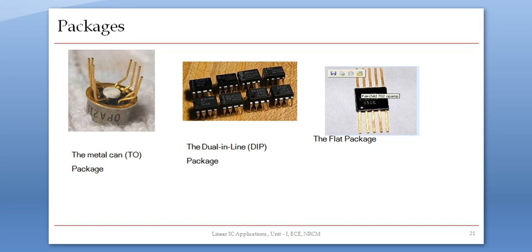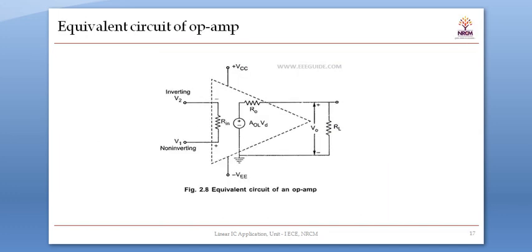The equivalent circuit of op-amp is as shown in figure. You are having the input resistance in between the inverting and non-inverting input terminal of op-amp. There is an input resistance, and ideally the input resistance is infinite, means it is open. Ideally it is open, but practically you are having some resistance over there.